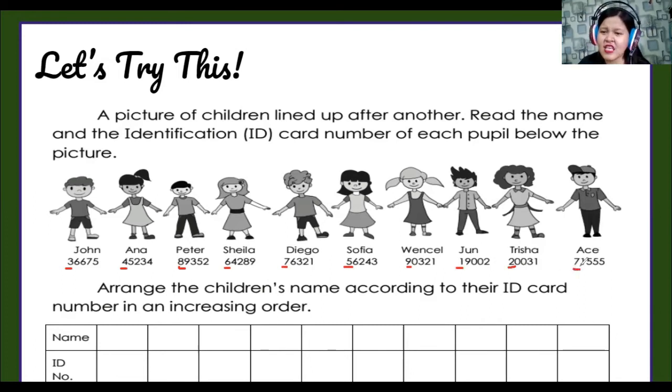Among these digits, which do you think is the lowest? 7, 2, 1, 9, 5, 7, 6, 8, 4, or 3. The lowest digit is 1.